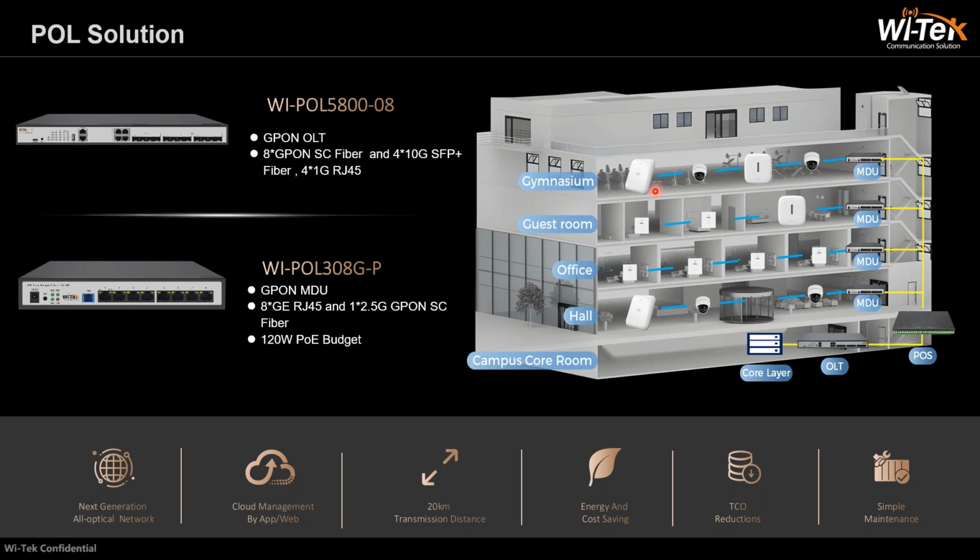You can directly connect the IP camera and the wireless access point. In the access layer, we only put the MDU. In the core layer, we put the OLT. But in the aggregation layer, just the POS is okay. This is the optical fiber splitter. So in here, no need for any devices. Later, I will introduce this part in detail.